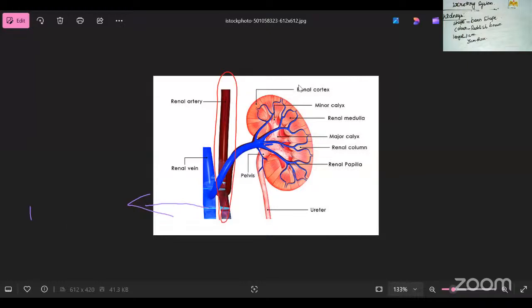This is the renal cortex part, the top part. This is the minor calyx. This part is known as the renal medulla, the major calyx, and then the renal papilla.